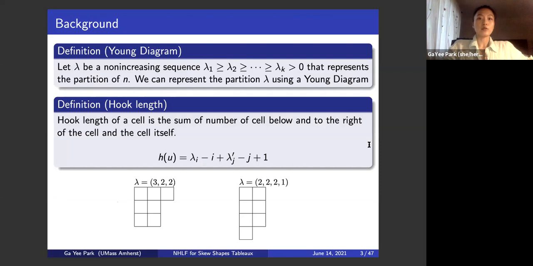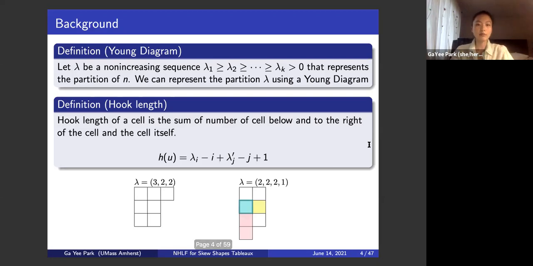So let's start with Young diagrams. Given a partition of any number, we can represent it as a Young diagram. So here we have a partition of 7 in two different ways, 3, 2, 2, and 2, 2, 2, 1. And I have their Young diagrams in English notation.